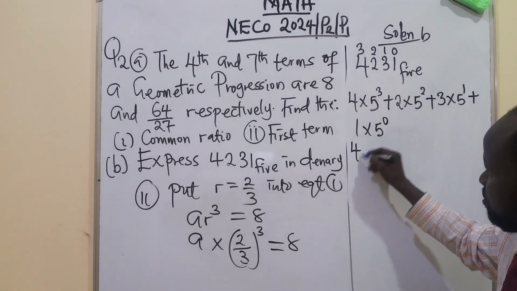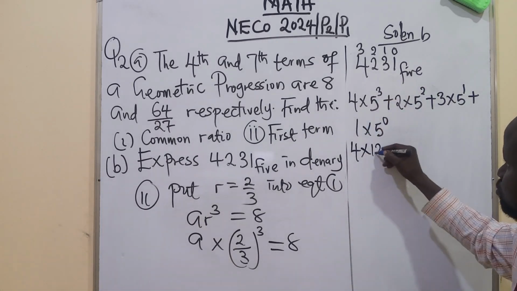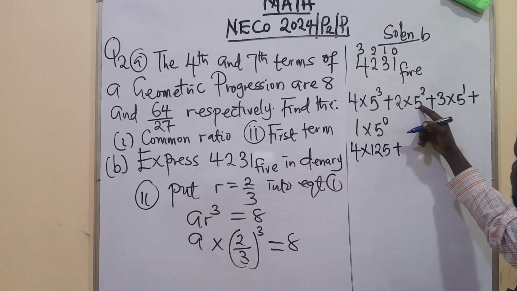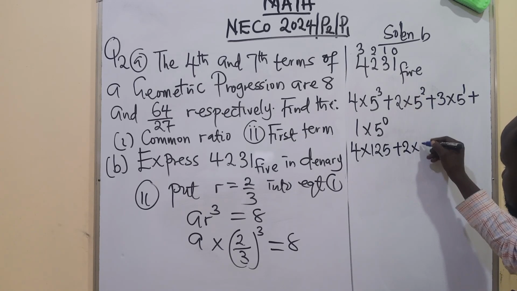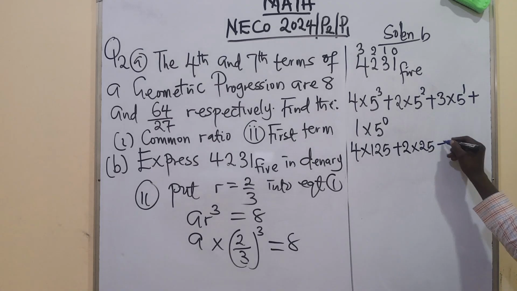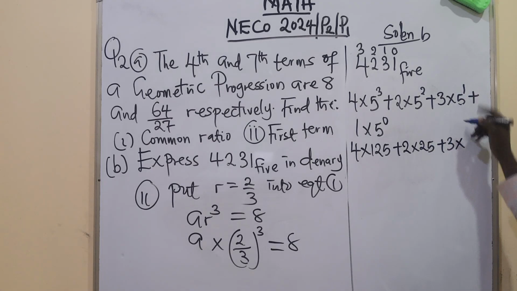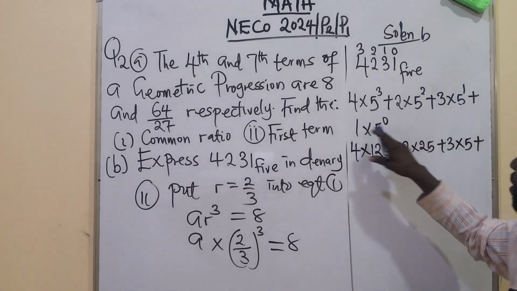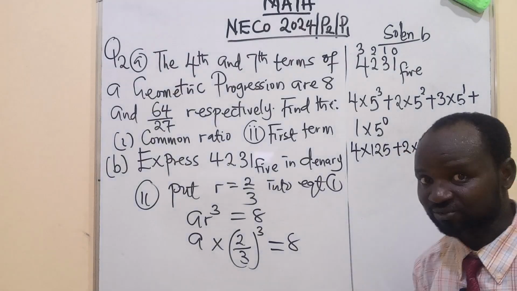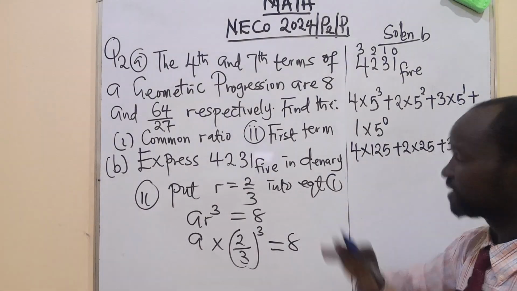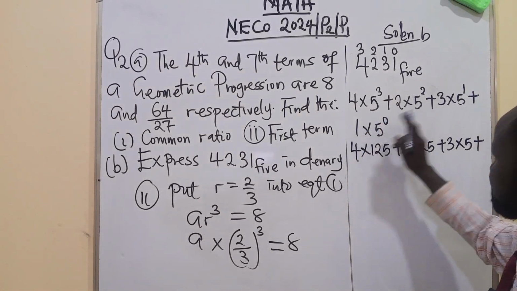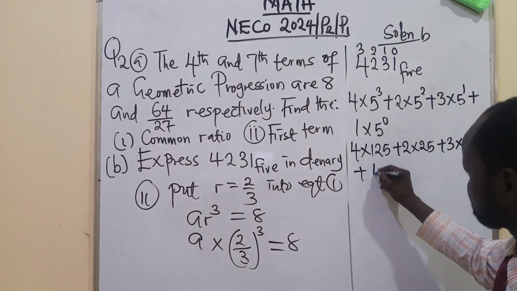This will be 4 times 5 power 3, which is 125, plus 2 times 5 power 2, which is 25, plus 3 times 5 power 1, which is 5, plus 1 times 5 power 0. Anything raised to power 0 is equal to 1, so 5 power 0 is 1, and 1 times 1 is 1.